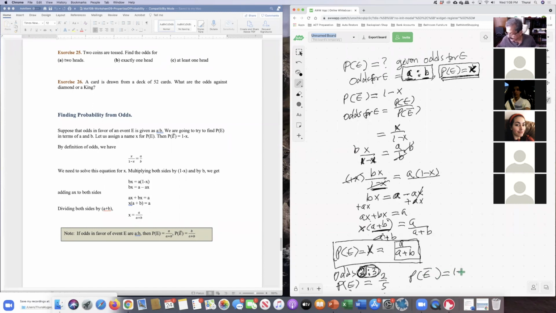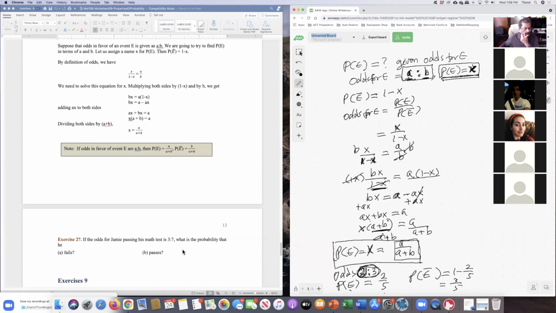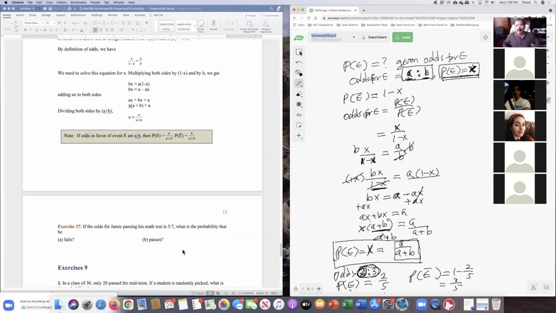So no matter what the question is, go ahead and find the probability of E and then find E bar if they ask for that. This is something you need to remember: probability of E is equal to A over A plus B if A to B is your odds.